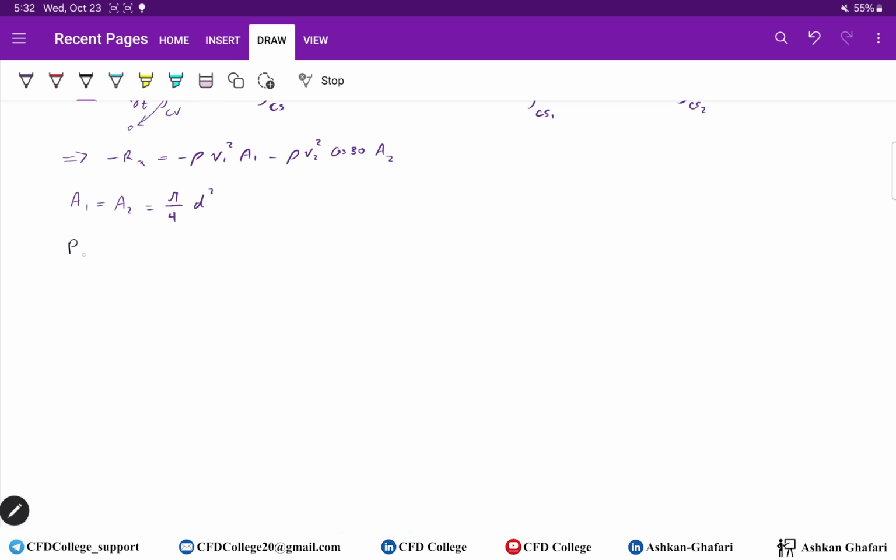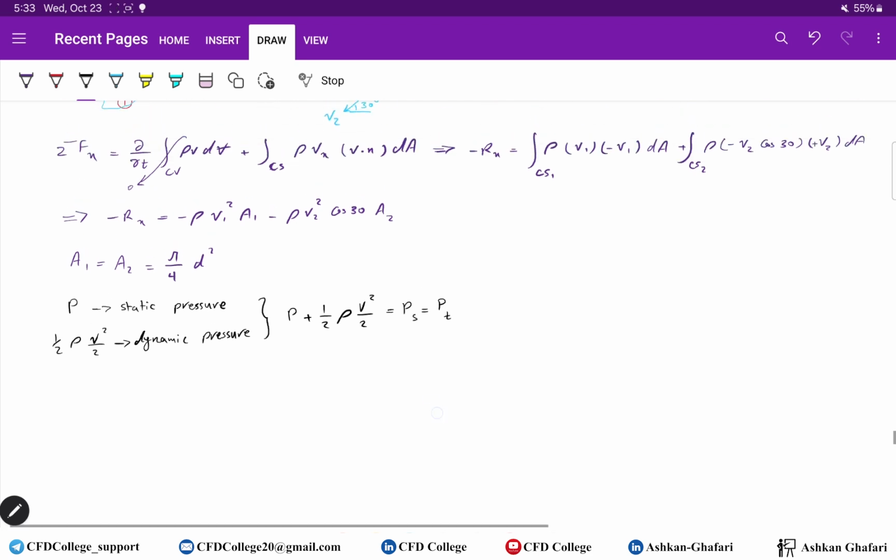Here P is static pressure, one over 2 rho V square is dynamic pressure, and if we add them together, the total value, which is P plus 1 over 2 rho V square, is known as PS or PT, the stagnation pressure or total pressure.